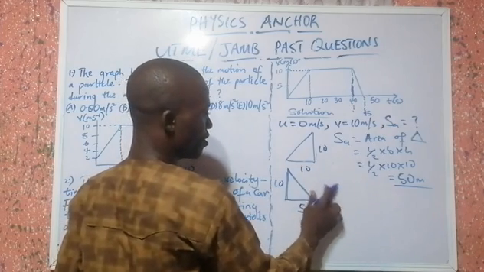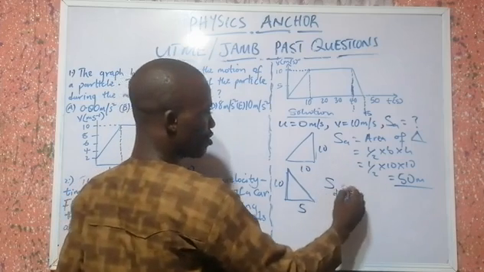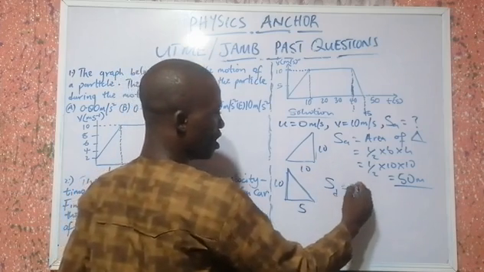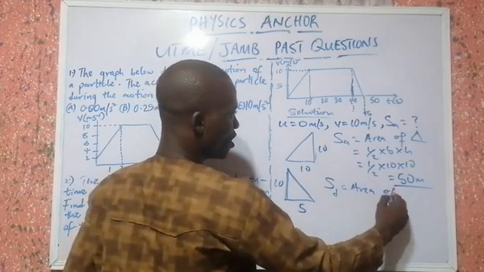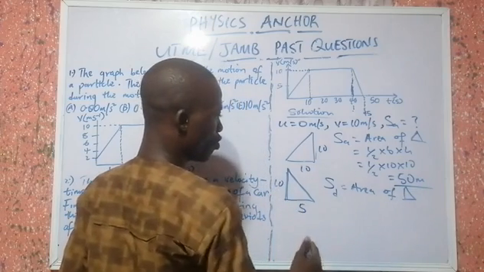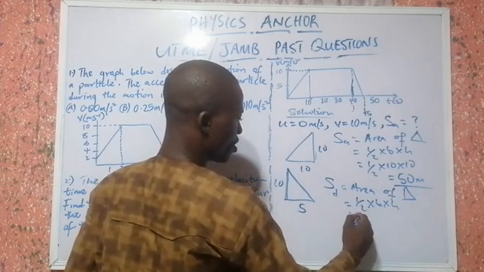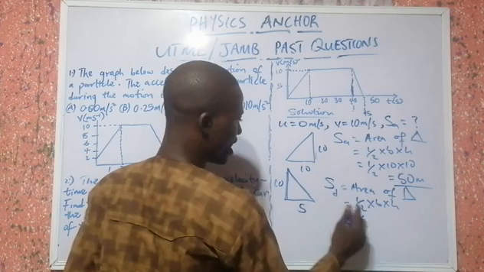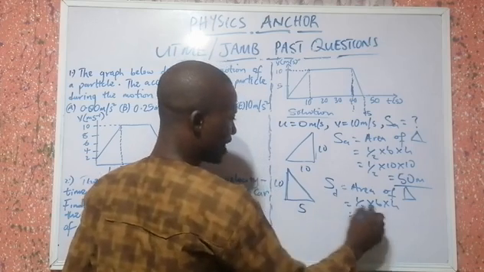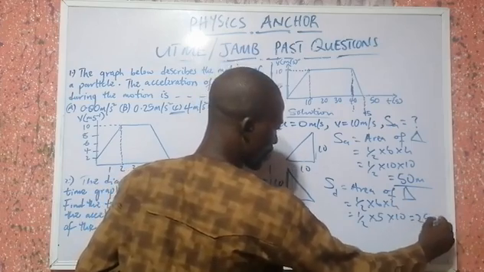So the distance during deceleration, S deceleration, will be the area of this triangle, which is half times base times height. Our base here is 5, our height is still 10, and that will give me 25 meters.